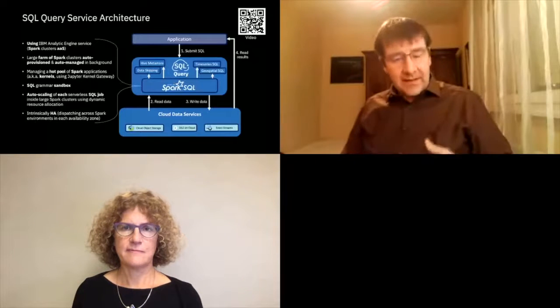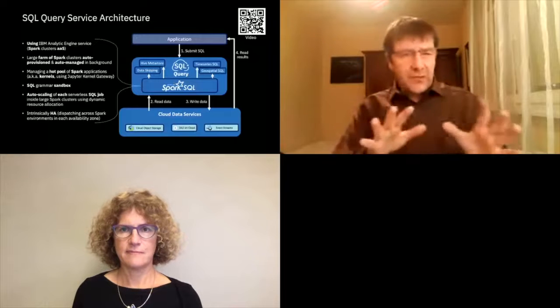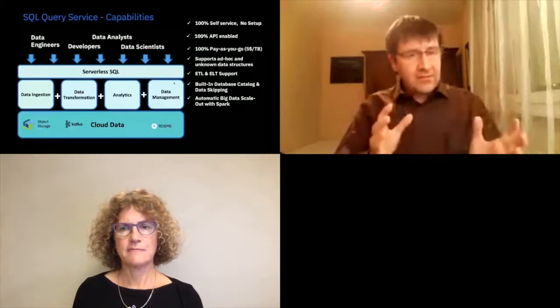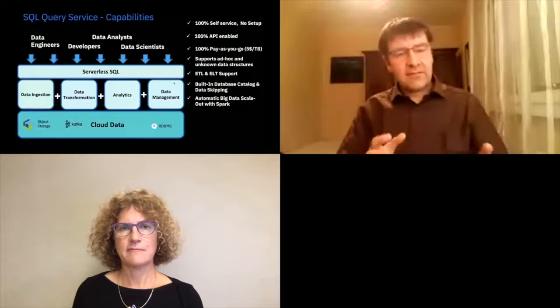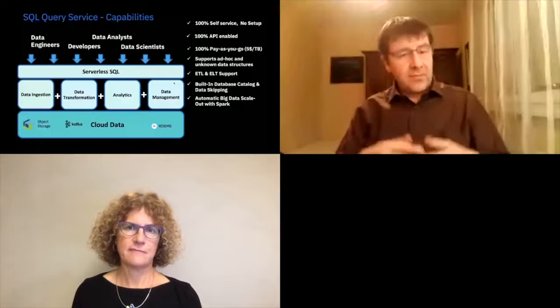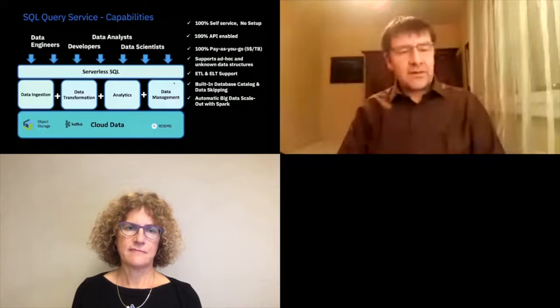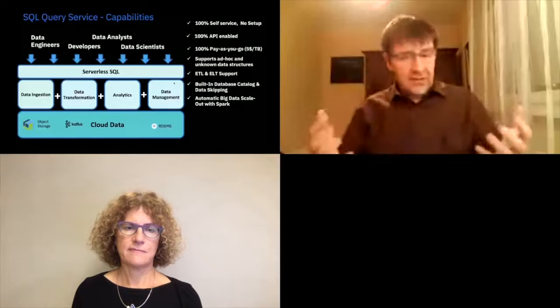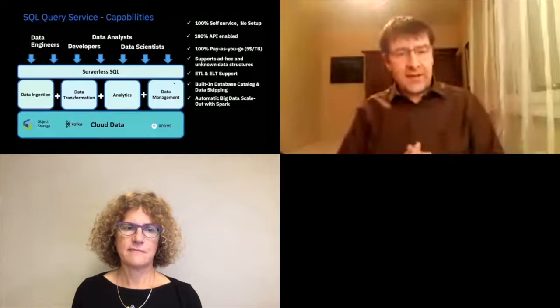The capabilities that this enables can be grouped in these four major boxes that you can see here. It starts with data ingestion, that the service supports, landing data into the data lake, so object storage. Then transformation of the data. That's obviously a big strength of Spark itself, right, as a framework.